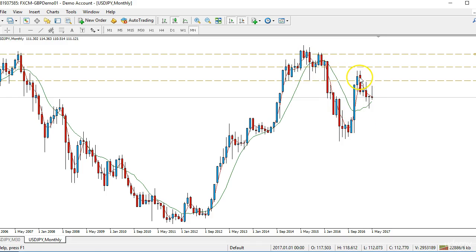Price pulled back up to this zone back at the end of 2016 and reversed from the zone and is now making its way down. We don't know what it's going to do next, but what we do now understand is what's happening on the monthly charts. This gives us a context to understand what's happening with our trades.